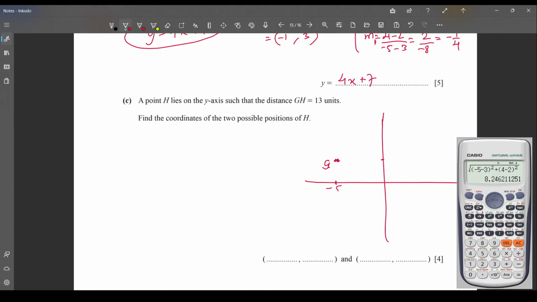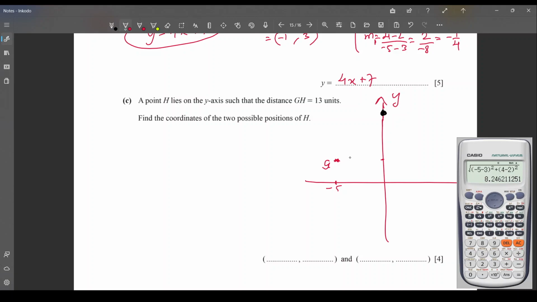So they have said that point H lies on the y-axis. So point H lies somewhere on the y-axis. We need to find, because there will be two coordinates, over the top and over the bottom, the possible coordinates for point H. So how can we find out?